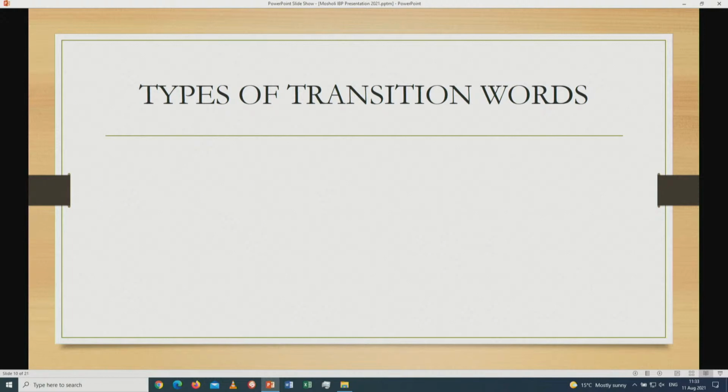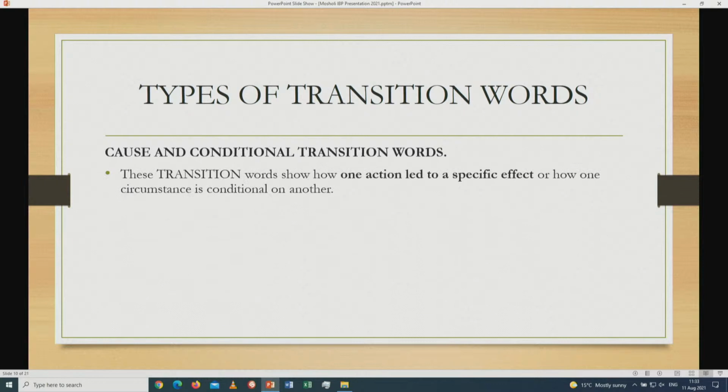Types of transition words. Cause and conditional transition words. These transition words show how one action led to a specific effect, or how one circumstance is conditional on another.